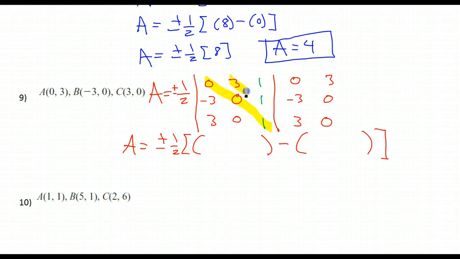There's one of them. There's one of them. There's one of them. Alright, so my down diagonals are 0, positive 9, and 0.